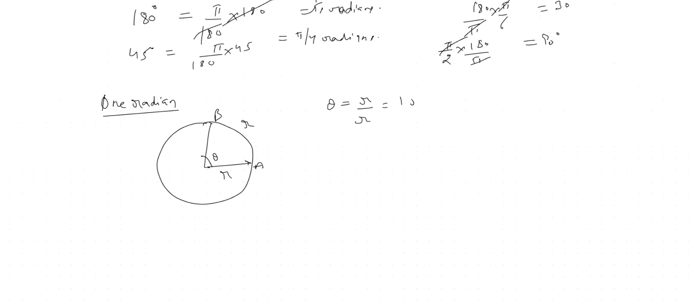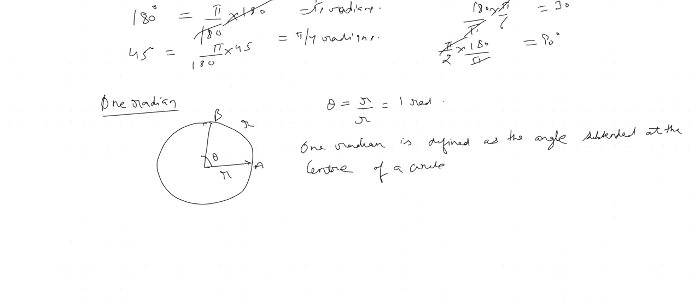So 1 radian is defined as the angle subtended at the center of a circle by an arc of length equal to the radius of the circle.